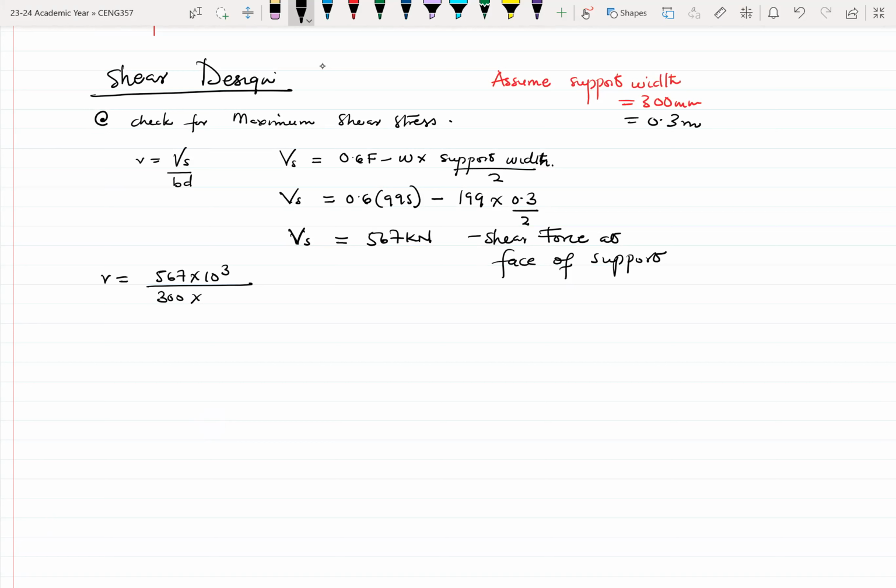And our D, towards the support, our D will be 580. So use D at support, okay, because we get different values of D as we go along. D at midspan was 600. D at support would be 580 in this case.